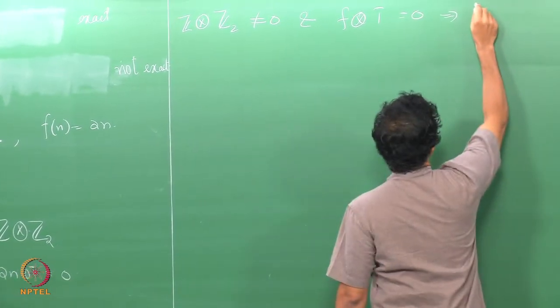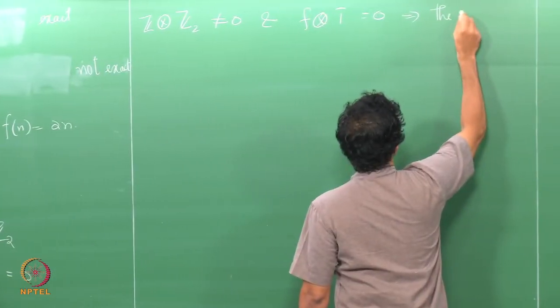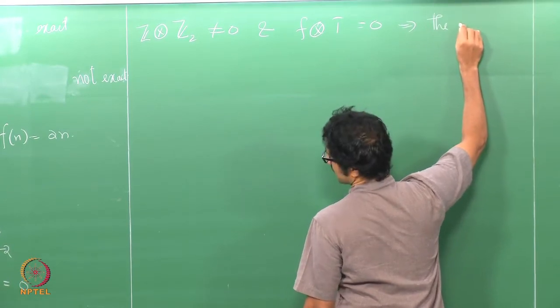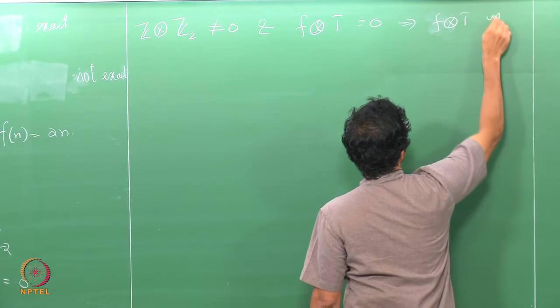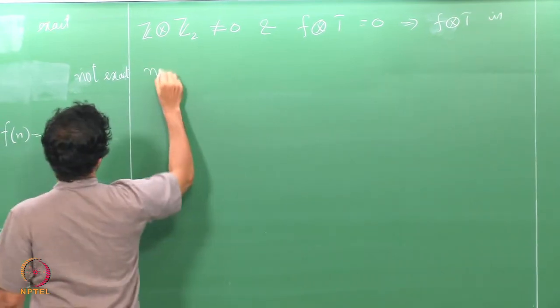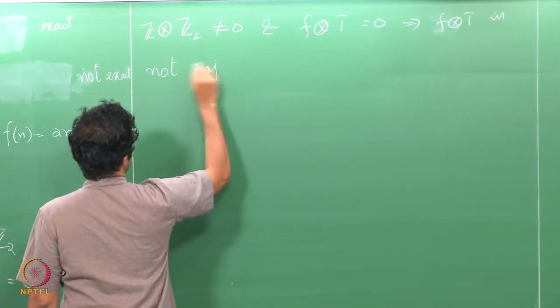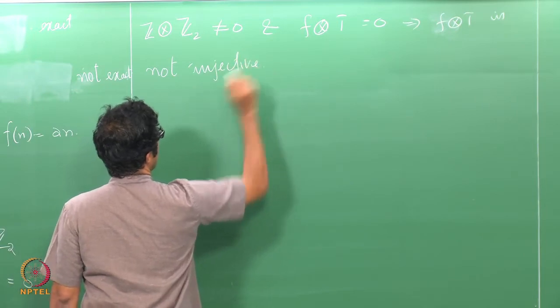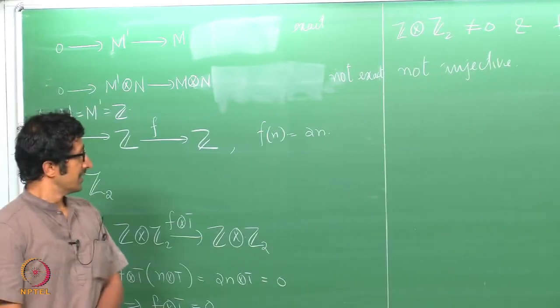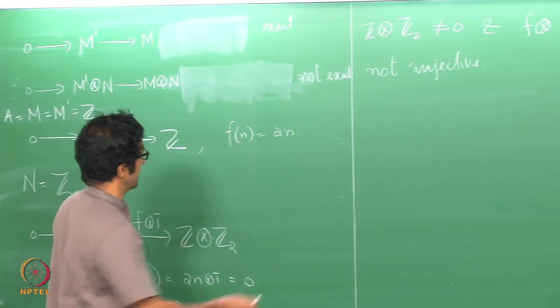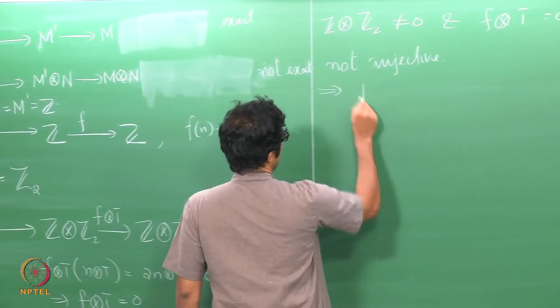This implies that f tensor 1 bar is not injective. So, this says that the tensor product is not left exact.